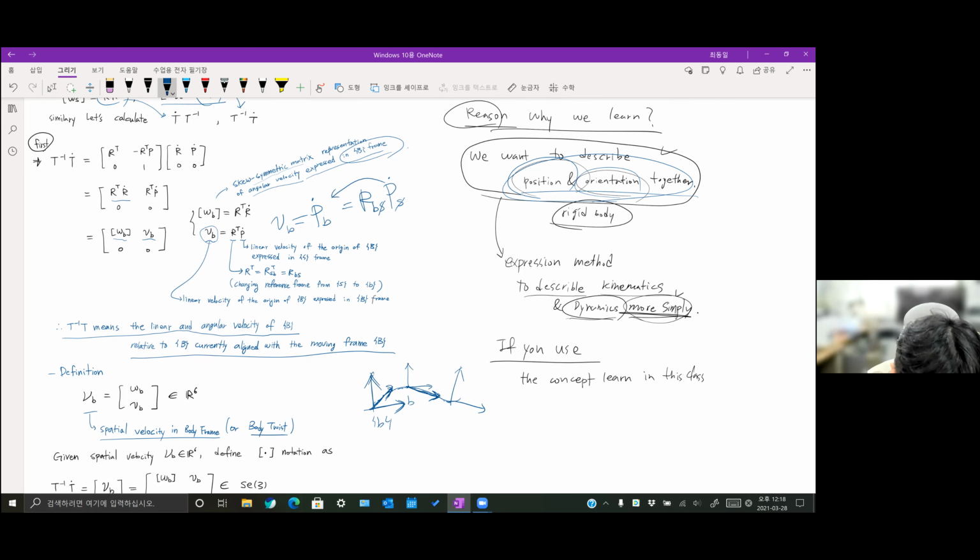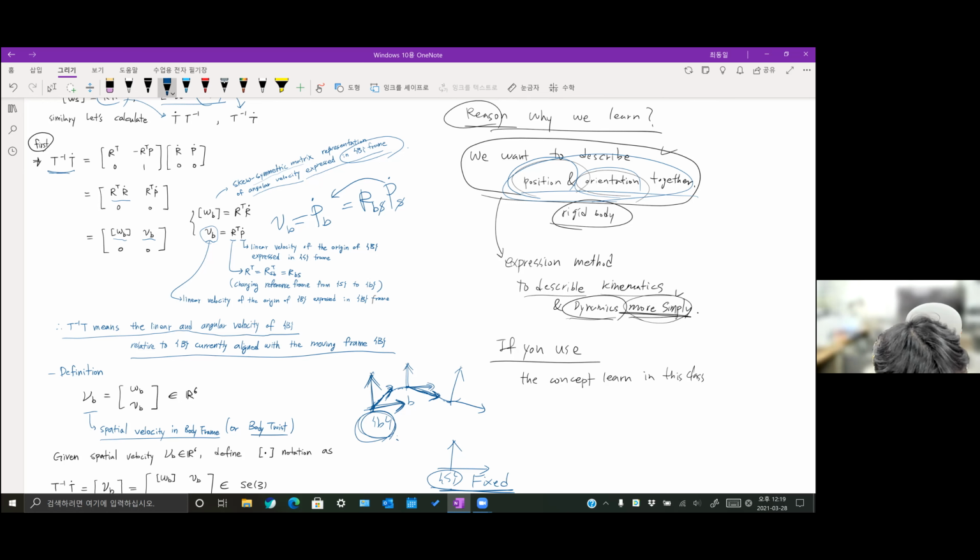So when we describe the velocity of B frame, we think based on S frame, some kind of fixed reference, but we can also take the reference of B frame by itself. So at every time we can calculate the velocity vector based on B frame itself.